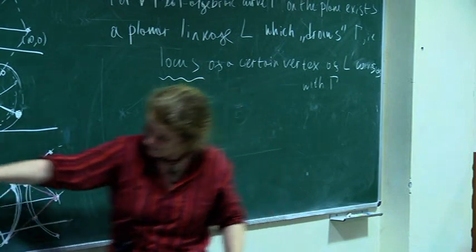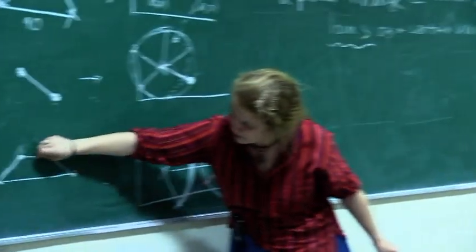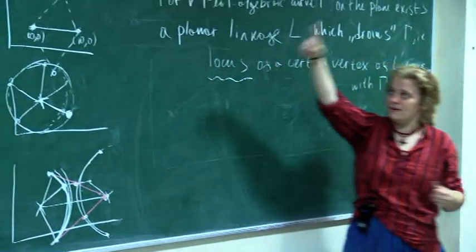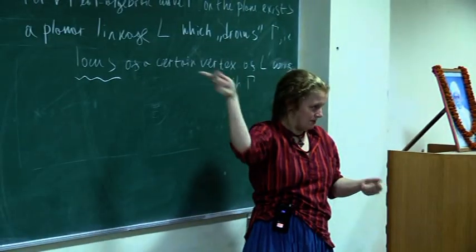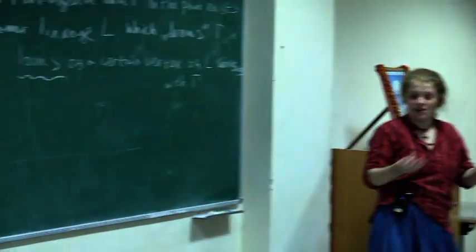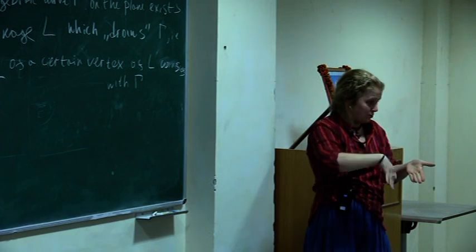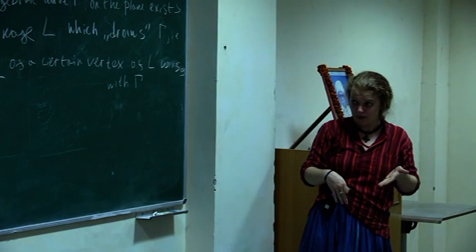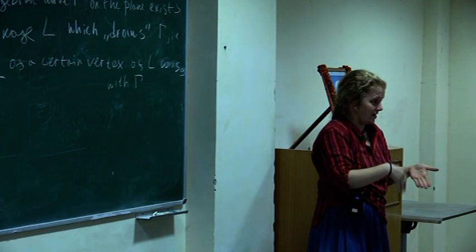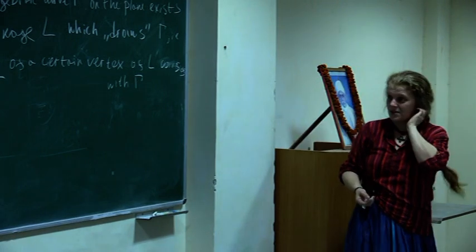If we take these vertices, then it will be a segment. If we take this vertex, it will be this curve that resembles the number 8. And in the general case, this line that is drawn by a linkage can be as complicated as you wish.